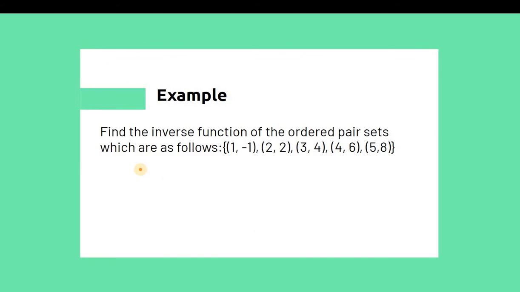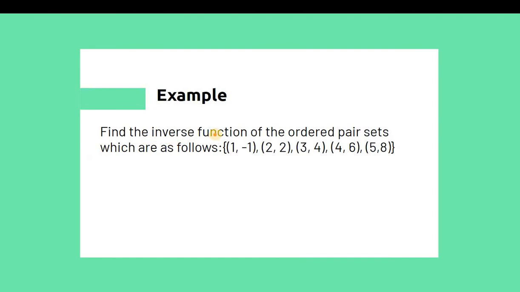So, tingnan natin, how do we inverse? Based dun sa example natin kanina, pinagbaliktad natin. Ito, subukan naman natin ngayon. Find the inverse function of the ordered pair sets, which are as follows: (1, -1), (2, 2), (3, 4), (4, 6), and (5, 8). Let's take, for instance, na yung first numbers natin, or yung nasa left side, yun yung x or domain, at yung nasa right side naman, yun yung y or yung range. Okay? So, sabi, let's find the inverse function.